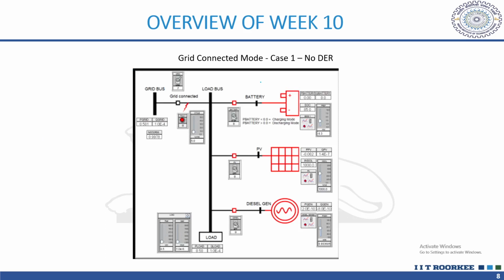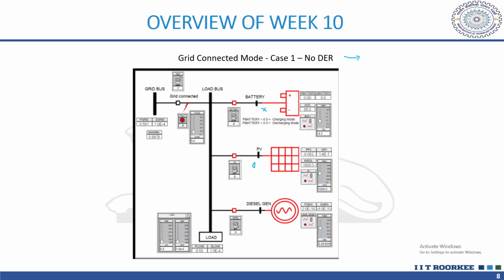So there were different case studies for this AC microgrid. The first one was the grid connected mode. Here in case one for grid connected mode, we are considering that there are no distributed energy resources present. So basically this PV, you can see, is at 0. It is not generating anything. And we also do not have the battery with us.